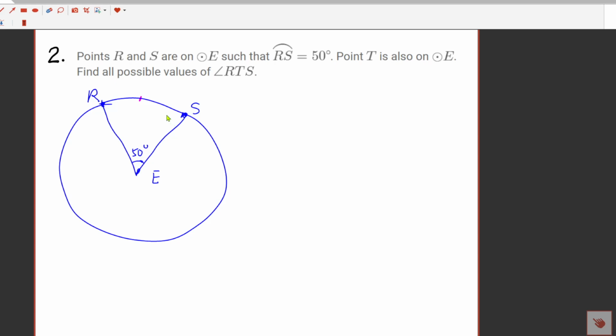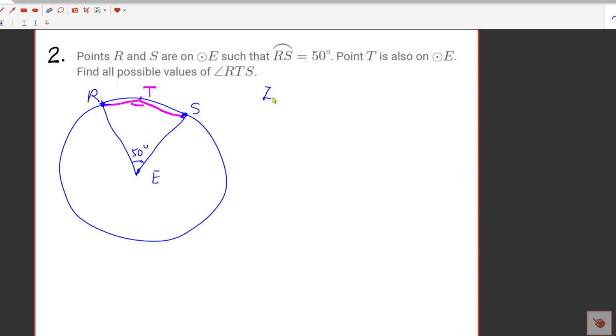So first of all, if point T is on minor arc RS, that means T could be here. Then this is our angle RTS, right? So in that case, angle RTS is inscribed in major arc RS, which is this arc here, right?